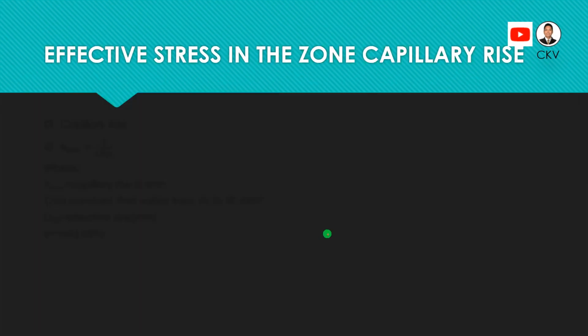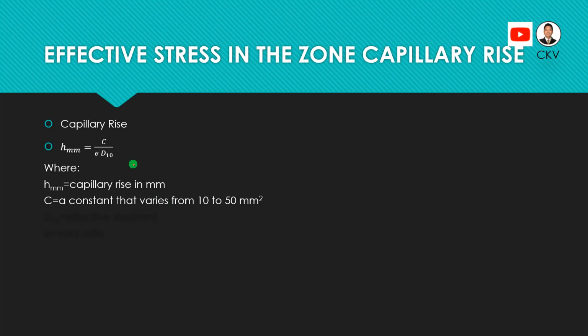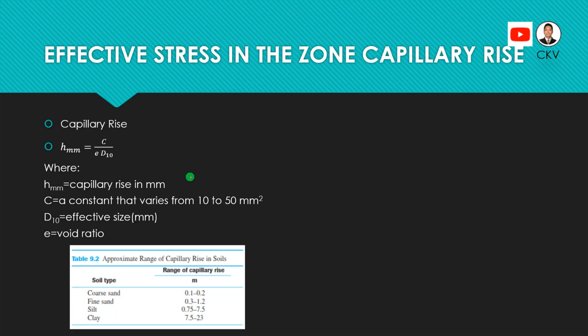To determine the capillary rise of water in the soil, we'll just use this formula where the capillary rise in millimeters is equal to C, the constant, which varies from 10 to 50 mm squared, divided by the product of void ratio and the effective size, which is also in millimeters.